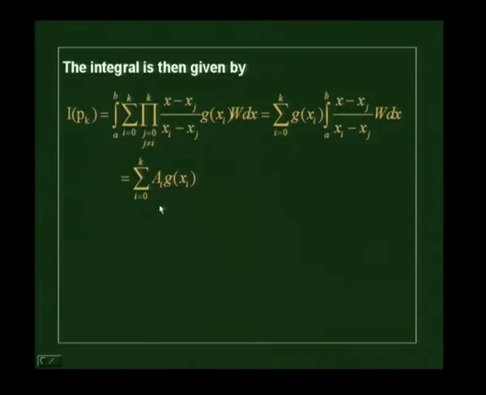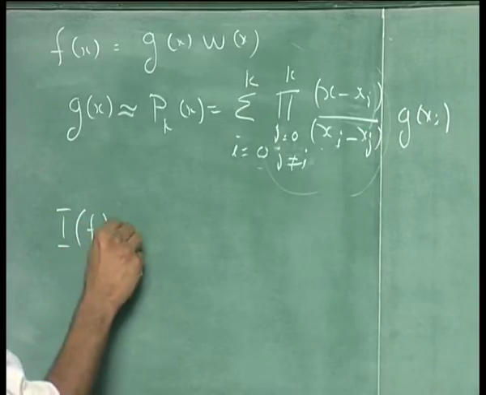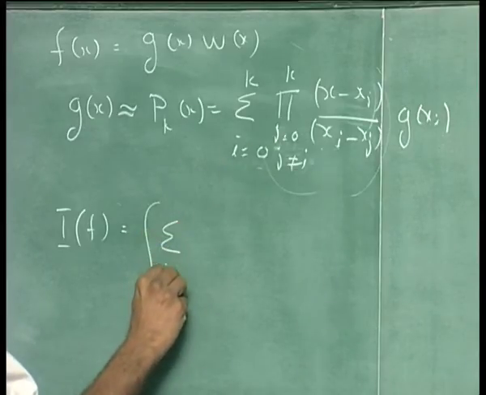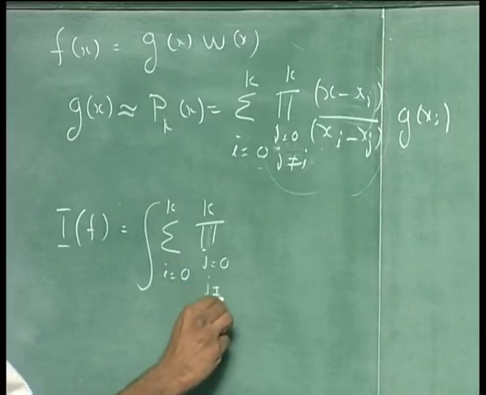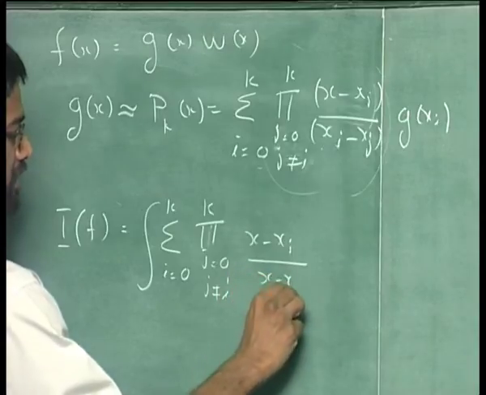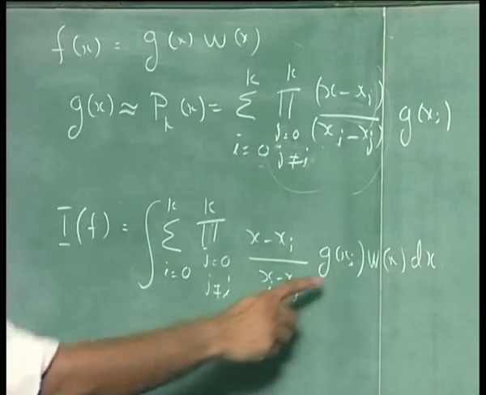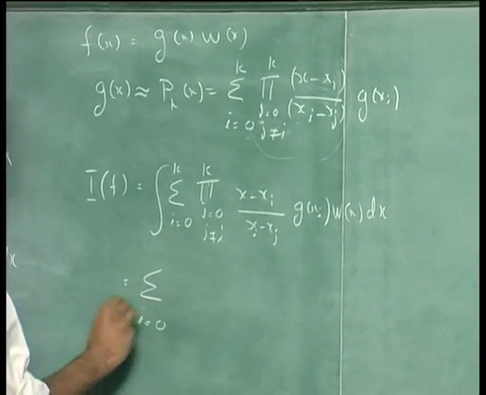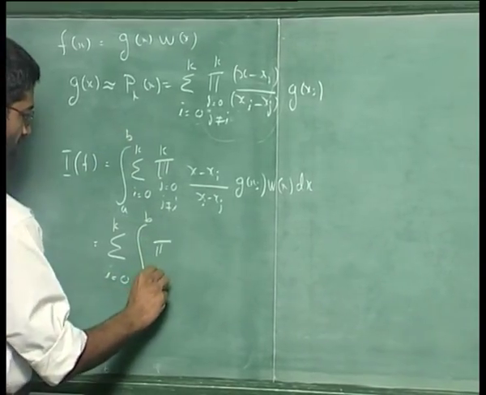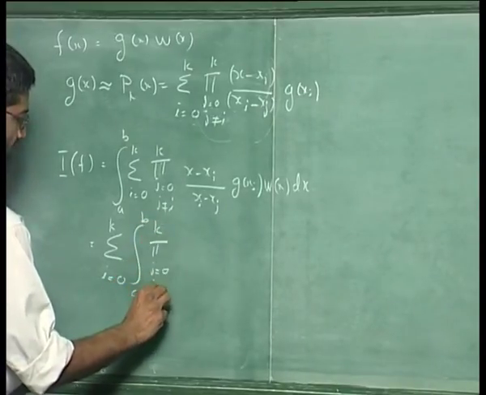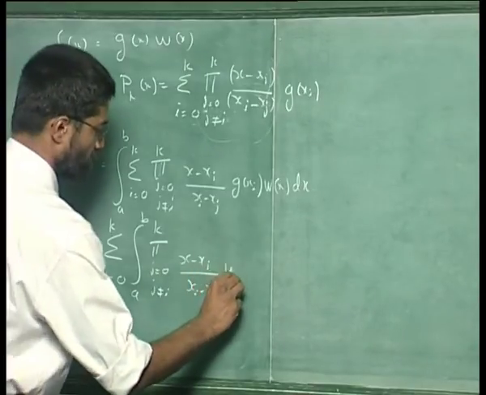So I write the integral I of f as the sum over i going from 0 to k of g of xi times the integral from a to b of the product over j going from 0 to k, j not equal to i, of x minus xj divided by xi minus xj, times w of x dx.